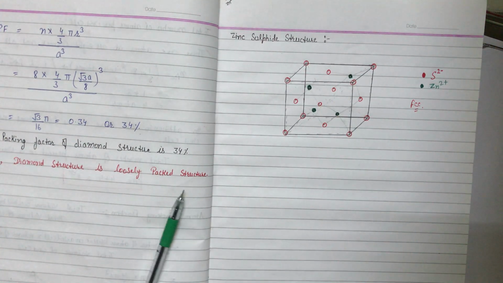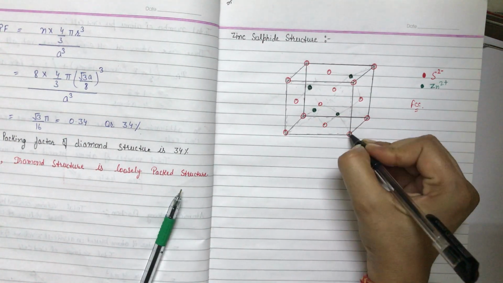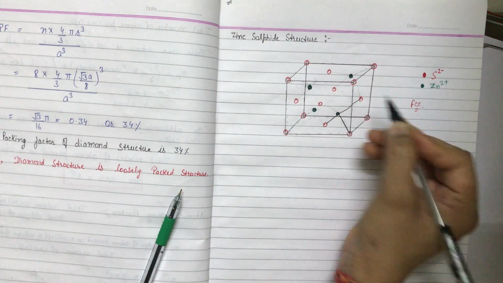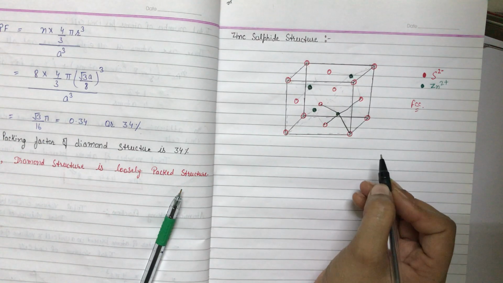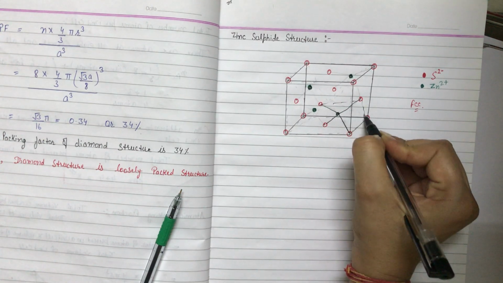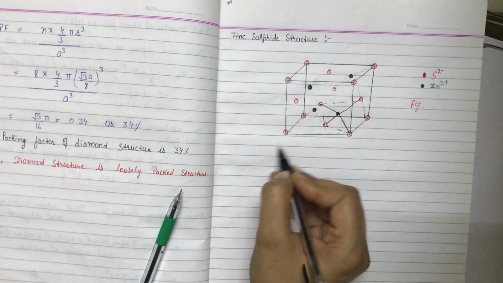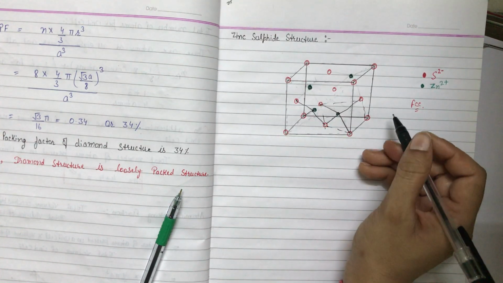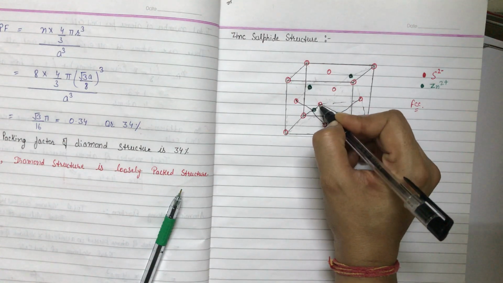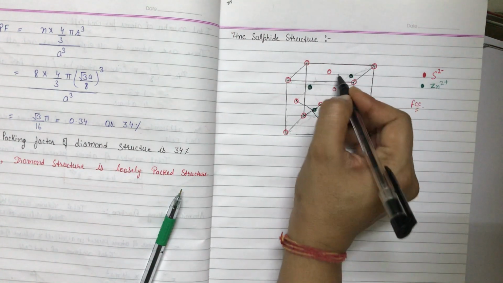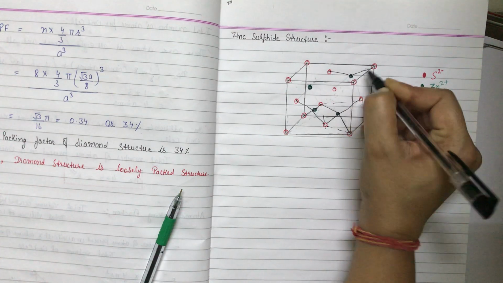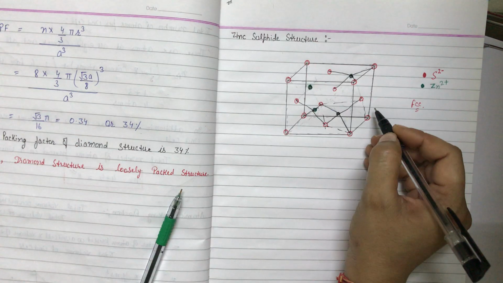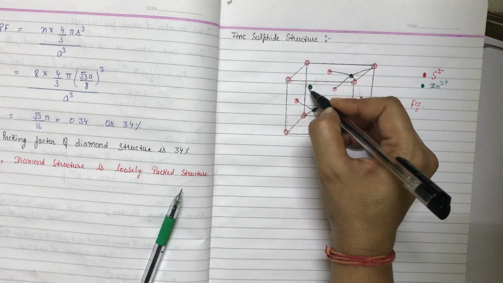Clear? So if we join all these, bonding with this, also with this, this also makes a tetrahedron. So this makes a bond with this point. Clear? With this. So in this way you can mark.